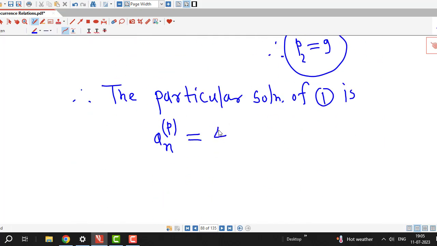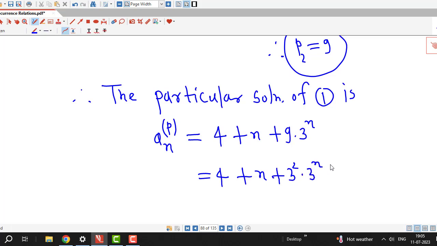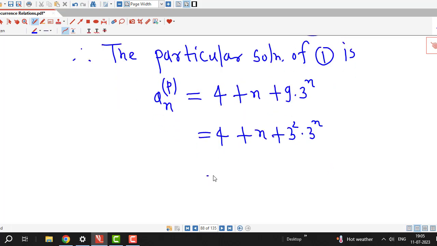That is 4 plus 1 into n, and P2 is 9, that is 9 times 3 raised to n. And if we wish, we can write 9 as 3 square, and combine with this: 4 plus n plus 3 raised to n plus 2.